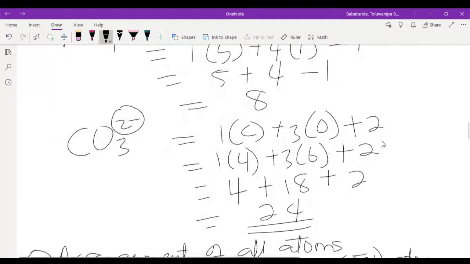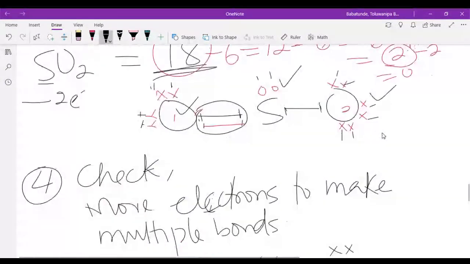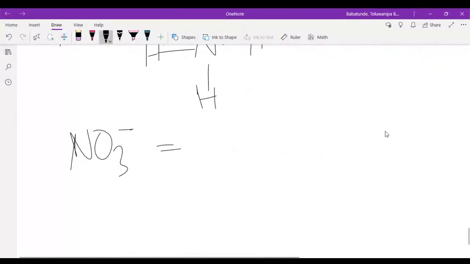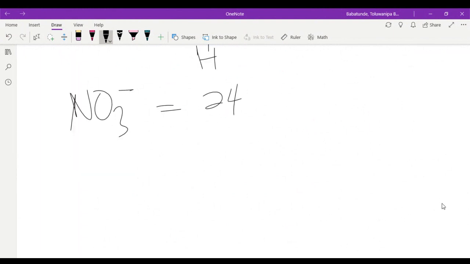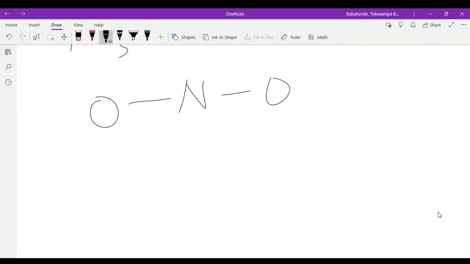So we just bring that 24 down. It's going to be 24 valence electrons. And we also said the arrangement is going to be, because nitrogen is the least electronegative, we're going to have oxygen dancing around it.